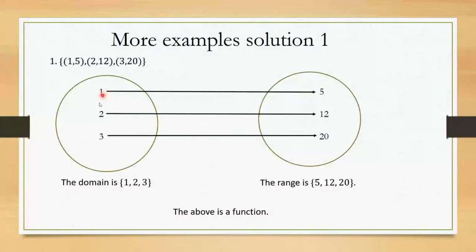Basically what's going to happen is something like this. Each input is only going to have one output. So 1 only has 5, and because this ordered pair is here, I draw the arrow.